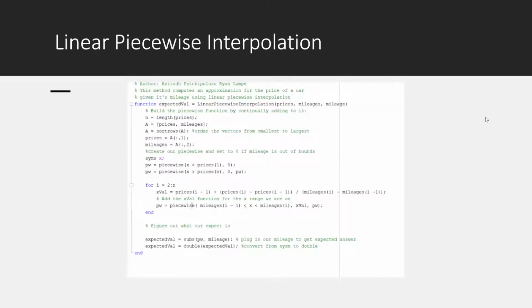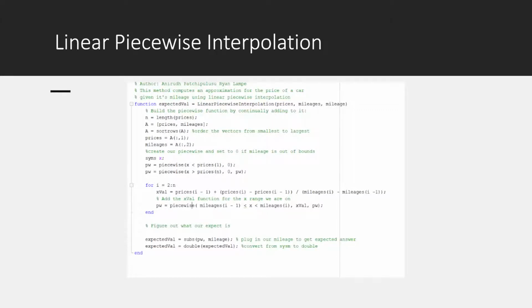And here is our linear piecewise interpolation function. One thing I'd like to note about this function is we actually make use of MATLAB syms variables. You can see right below the line that says create our piecewise, we have syms x. What's really cool is this function is dynamically building a piecewise function.